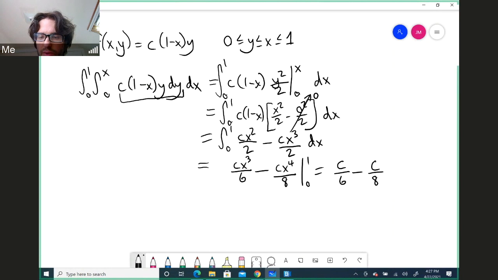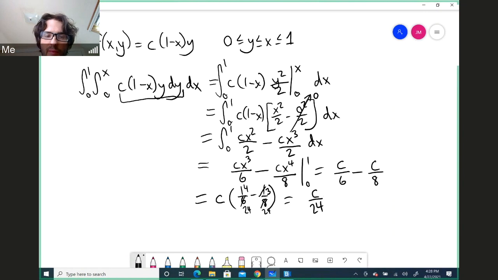One thing we can do is factor out the c, and we have 1/6 minus 1/8. Using a common denominator, this is 4 out of 24 minus 3 out of 24. We see that it's equal to c over 24.